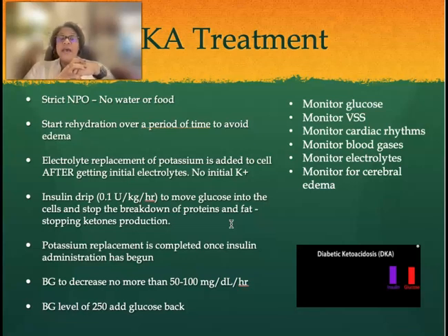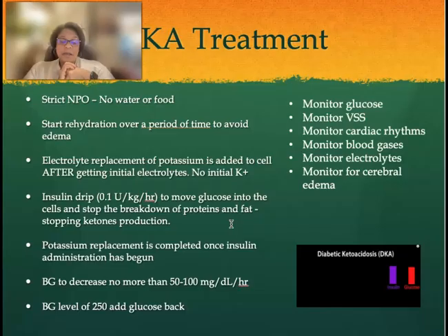Because if we have a massive drop, or we give them a massive amount of insulin at one time and do a massive shift in their osmolarity, then that can cause cerebral edema and they'll die. And I've seen a few people do that too.